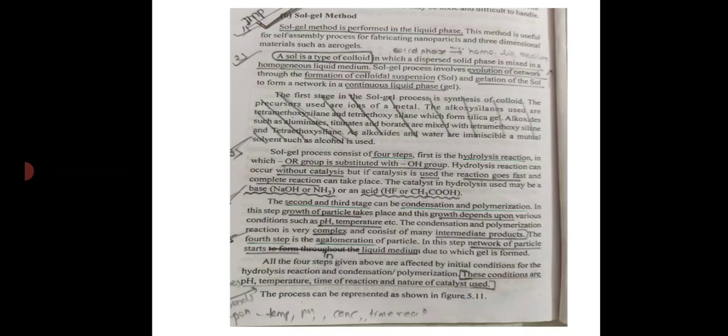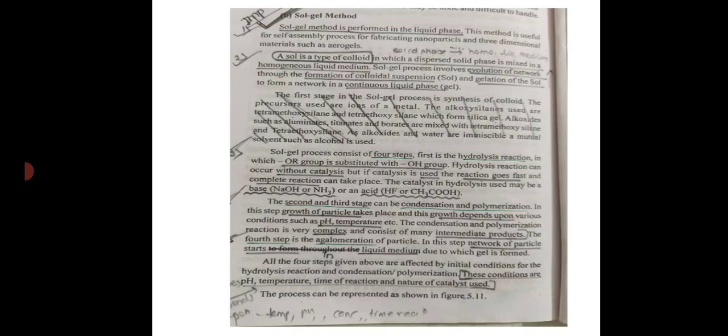The sol gel process involves evolution of a network through the formation of a colloidal suspension, the sol, and gelation of the sol to form a framework in the continuous liquid phase. It is a gel.